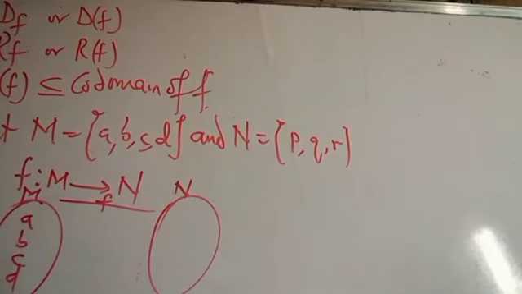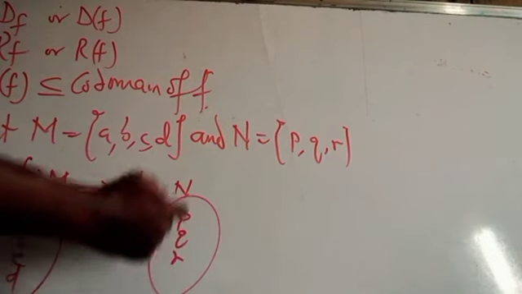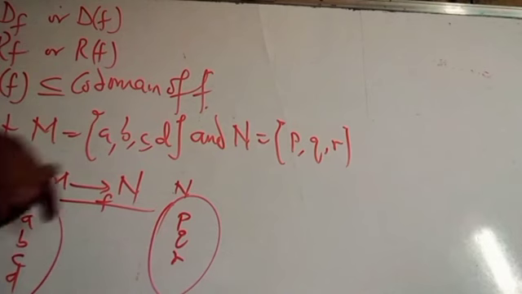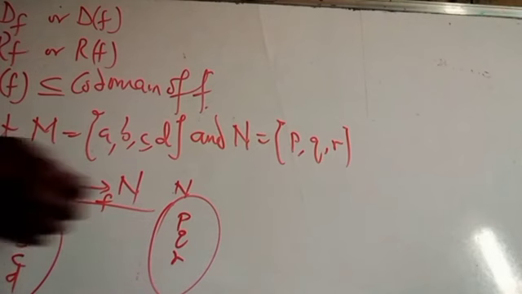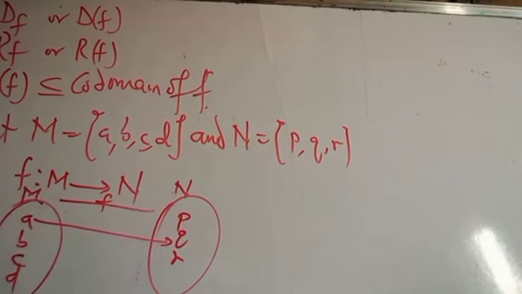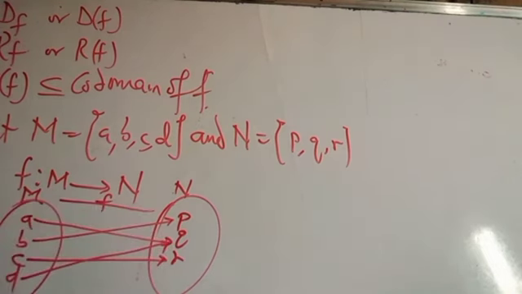Now we have P, Q, R. These are places in Ibadan. So these are the passengers, they are going to different places in Ibadan. So we have A is going to Q, B is going to P, and C is going to R, according to the example we have here, and D is going to Q. You can see Q is mapped twice.